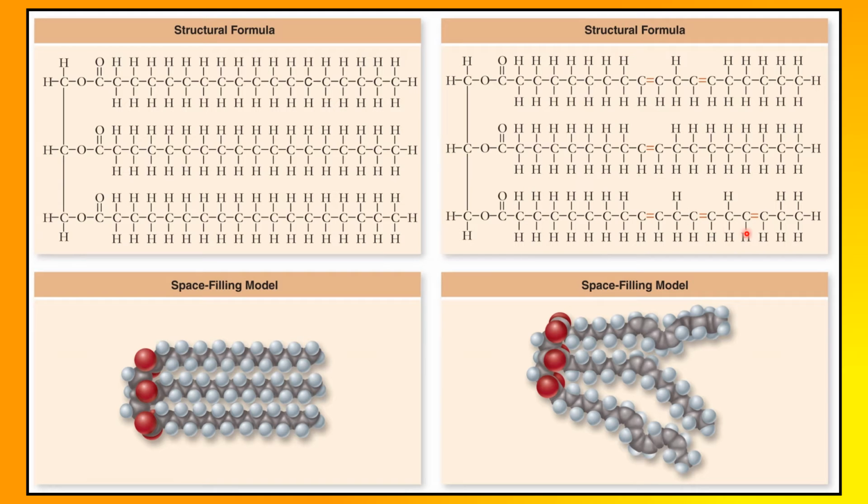There's one there, there's one there. So this is a polyunsaturated fatty acid. Here's a monounsaturated, and 1, 2, another polyunsaturated fatty acid, okay? You'll notice that in the saturated fats, you have these nice, long, straight, parallel chains. These little red balls right here represent the carbons in glycerol.